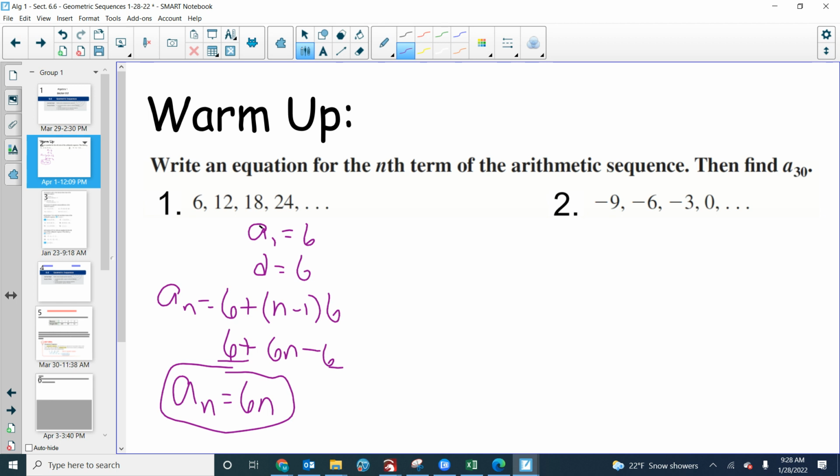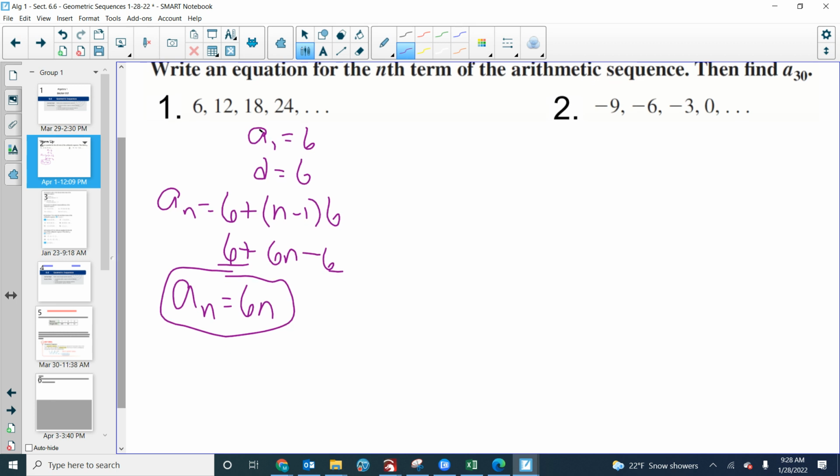So, Alexis, what term am I finding? No, honey, what term are we asked to find up there? Well, the 30th term, right? Yeah. Okay, so I'm plugging 30 in here. So, what am I going to do? Basically 6 times what, Alexis? Yep.